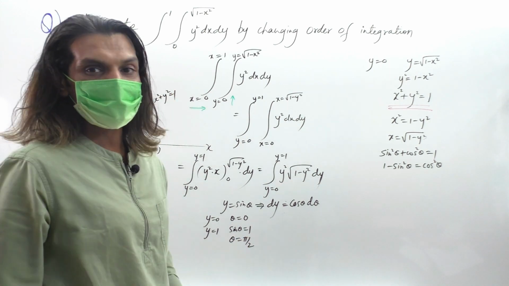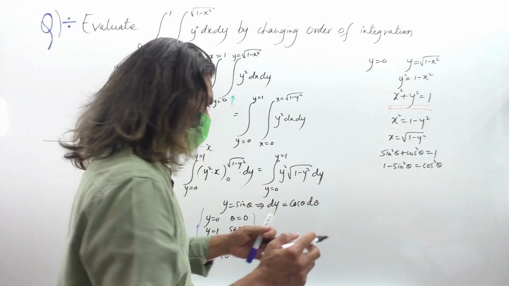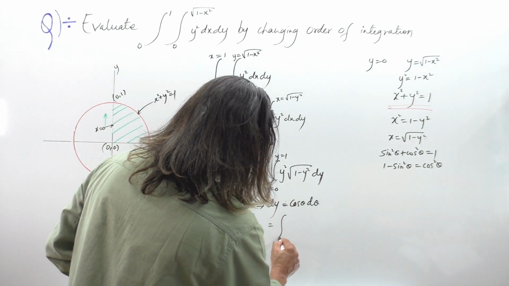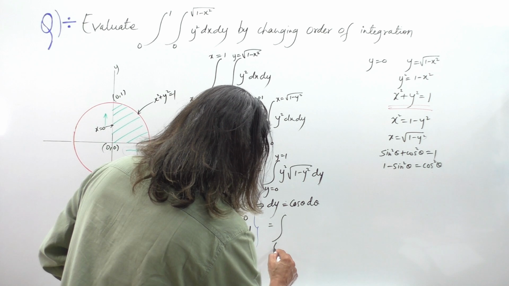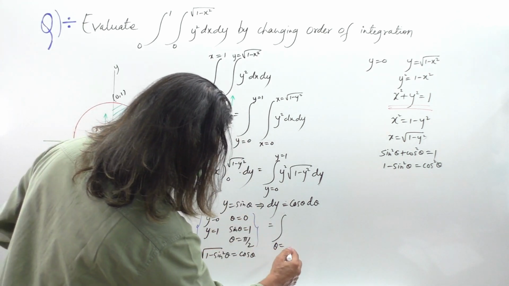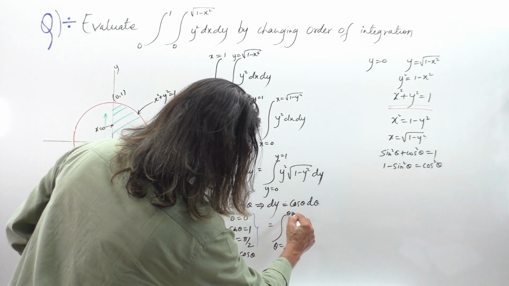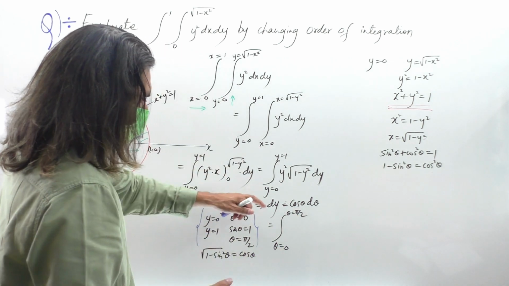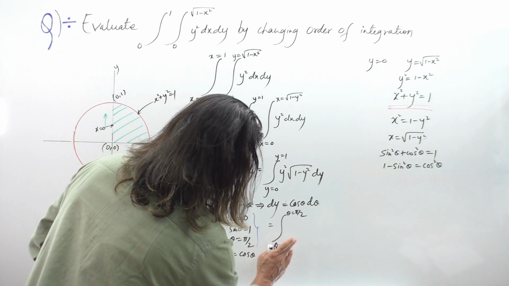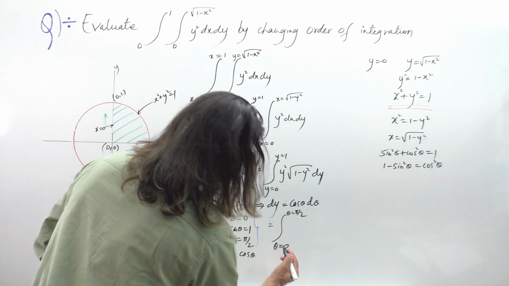Pi by 2, 90, because sin 90 is 1. So everything changes to theta, and the limits are theta is equal to 0 to pi by 2.